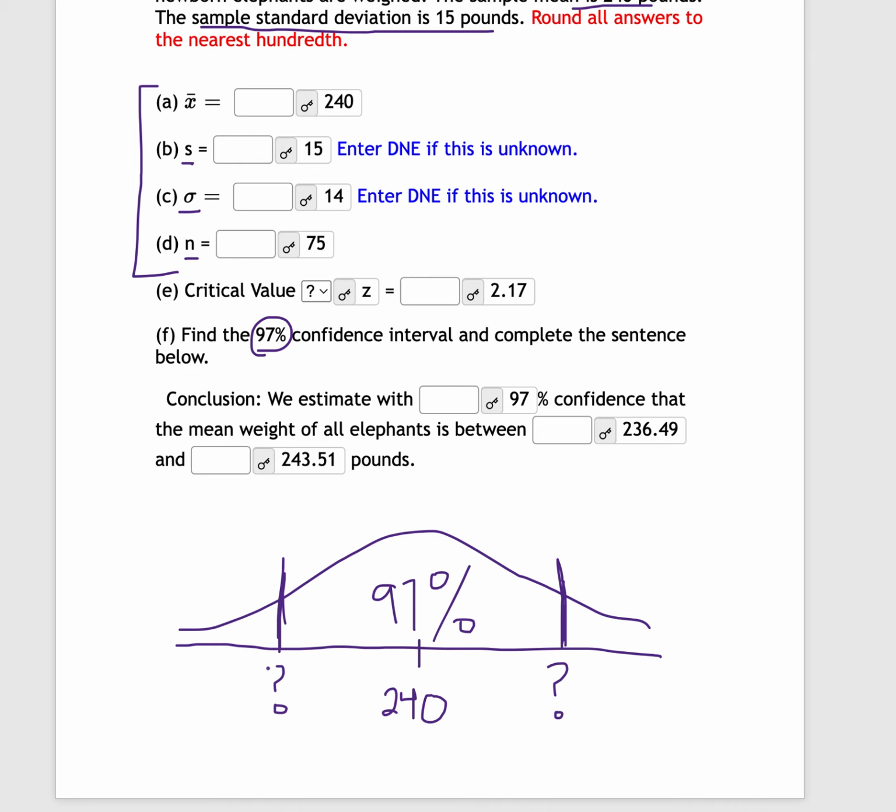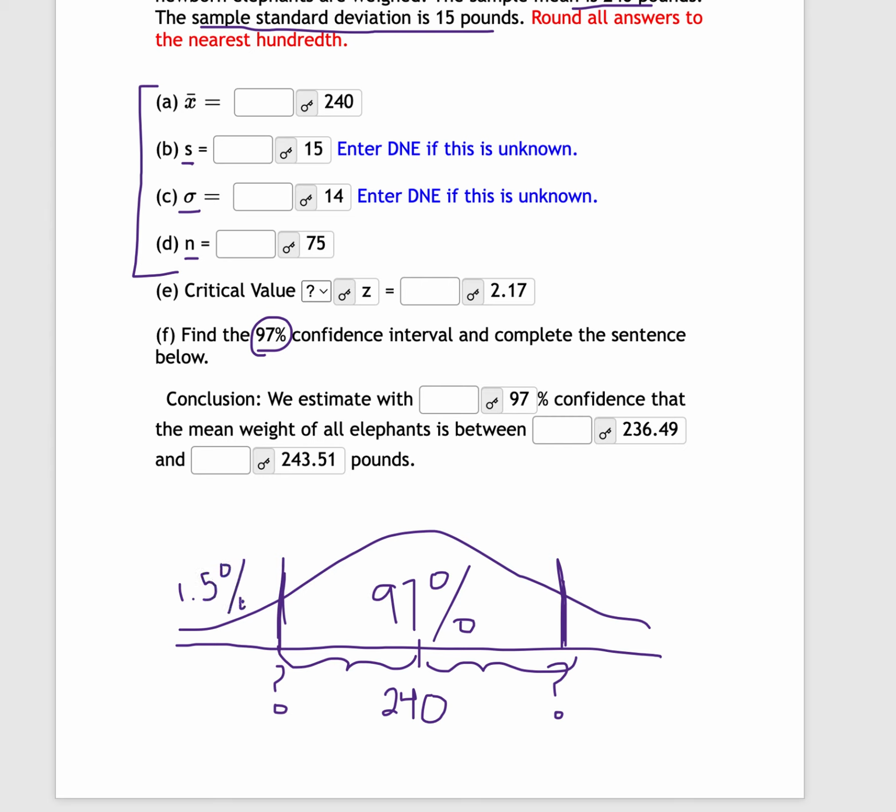So to find our critical value, we want to find how far out we are from the mean in terms of standard deviations. That will be our Z, our critical value. In terms of standard deviations, how far out am I from the center? Well, I know there's 3% left over from 100. 97% is in the middle, 3% is left over, and 3% needs to be split up between these two ends.